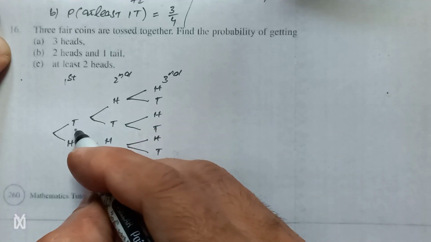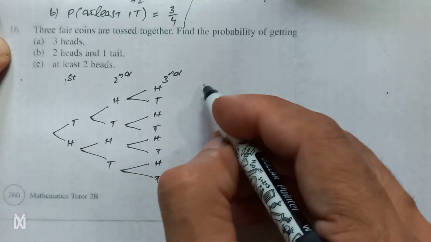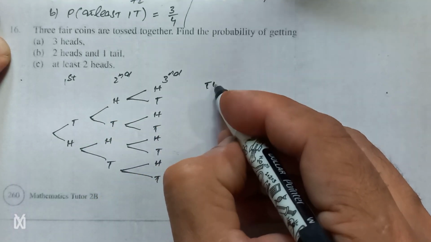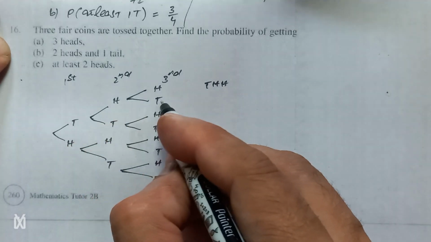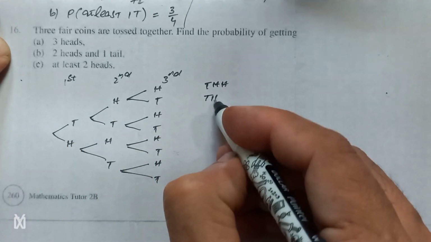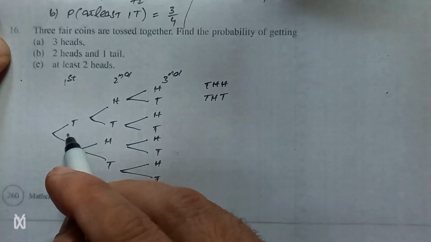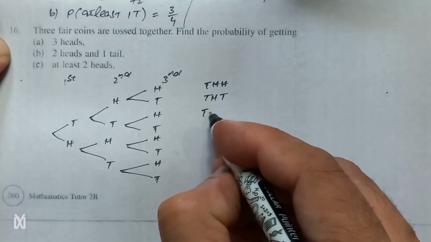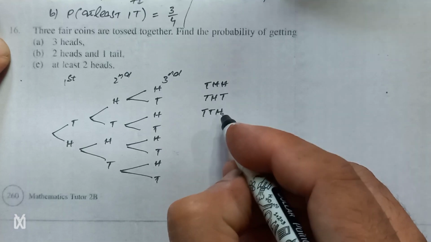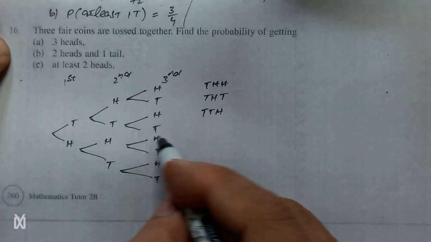So in total, this is tail head head. From here tail head tail. From here tail tail head. From here tail tail tail.